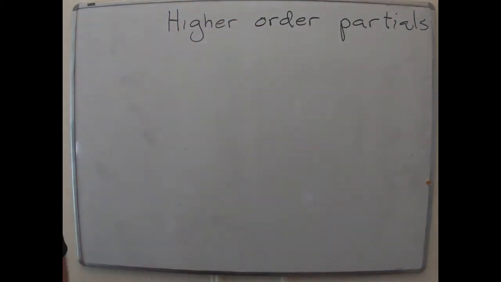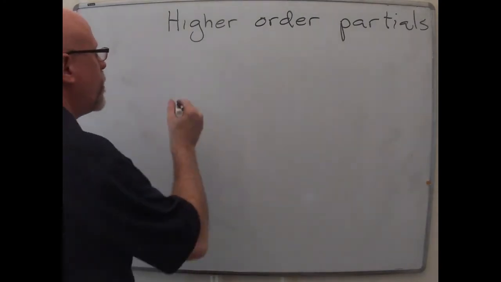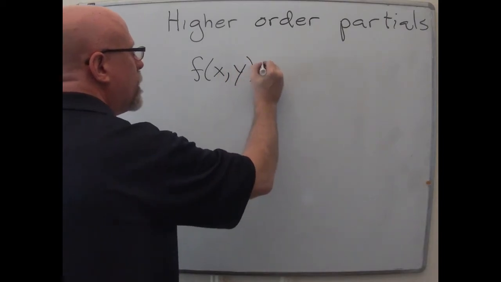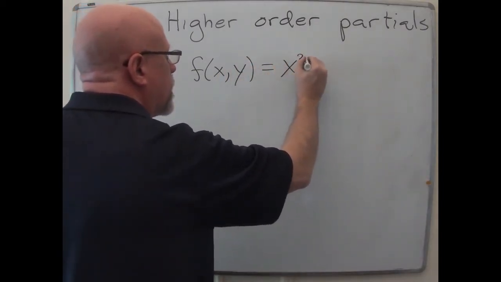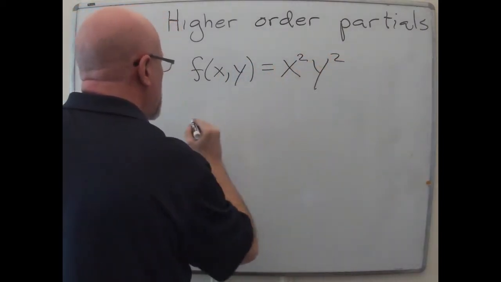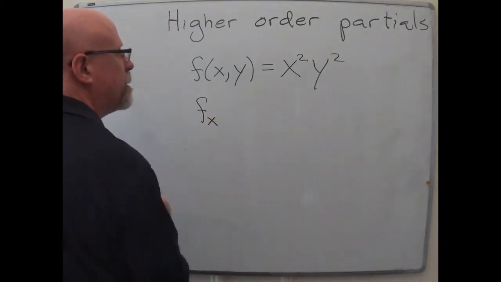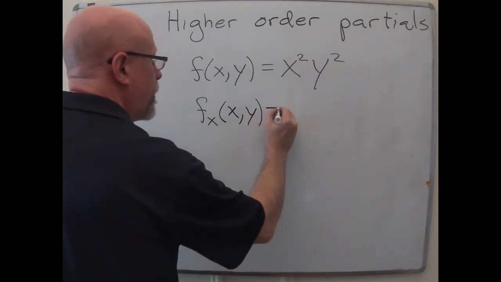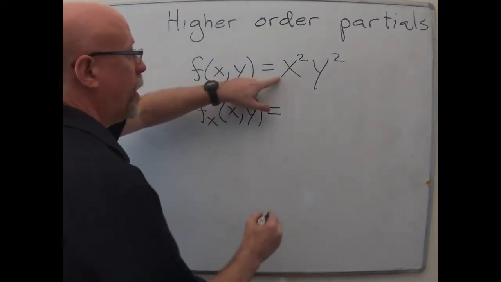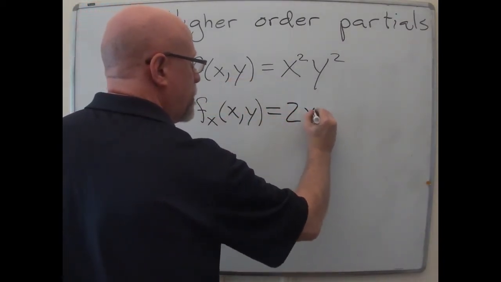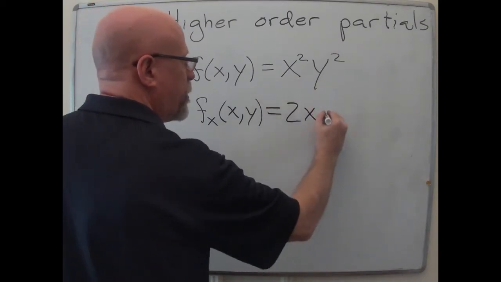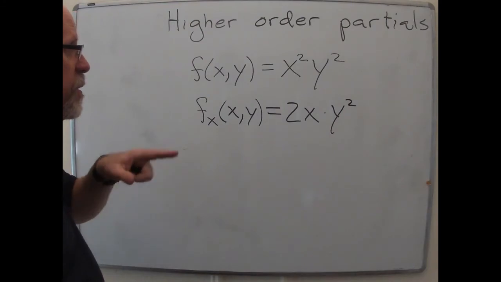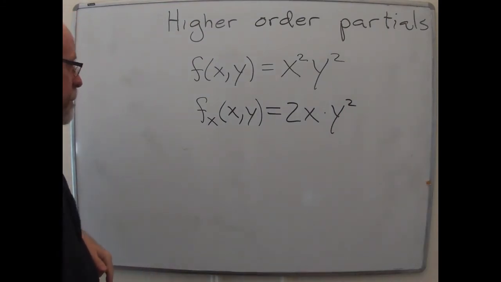I like the example I did a little while ago, where f of xy is x squared y squared. What's f sub x? It's actually a function of x and y too, so let's not forget that. It is 2x times y squared, because you take the derivative of this and treat y squared as a constant. Now what if I take the derivative of that with respect to y?